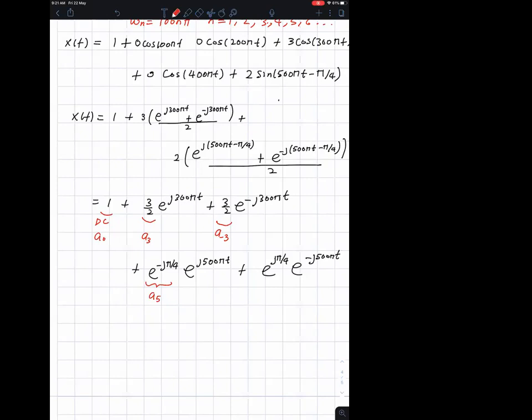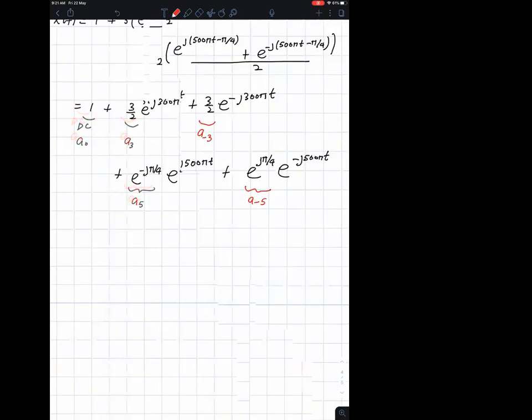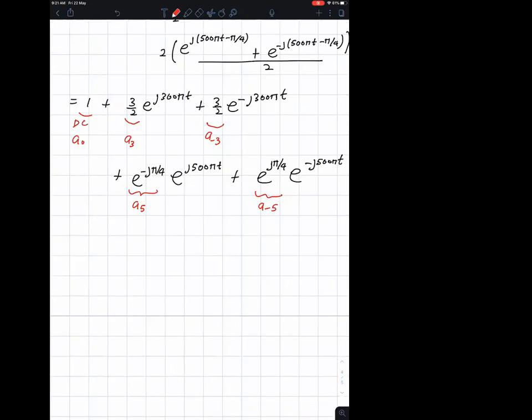This is associated with the negative side of the frequency, so it's going to be A minus 5. Any question on this? No question, then I continue.